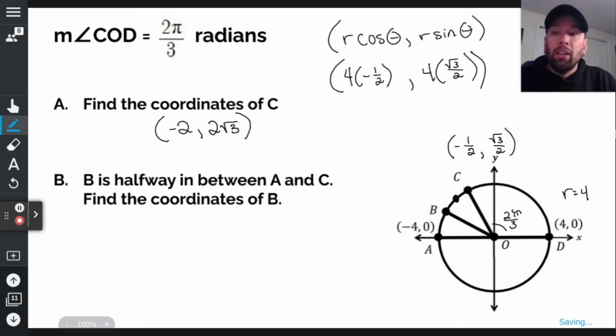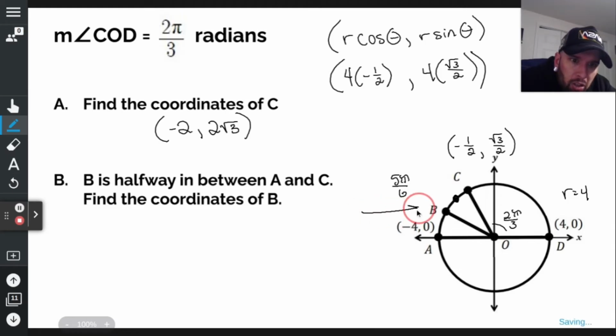Manageable. B is halfway in between A and C. All right, so if B is halfway in between A and C, that gives you the angle 5 pi over 6. You're my third dot. Find the coordinates of B. Well, if you're my third dot, that means you are literally the flipped version of that.